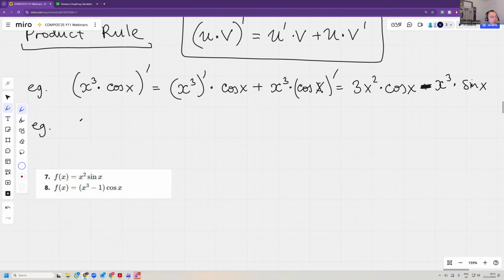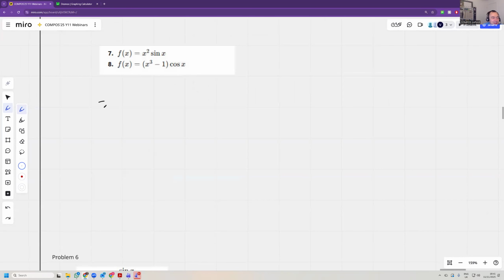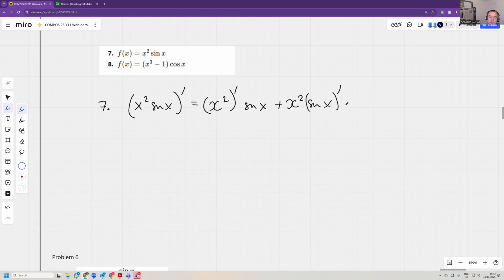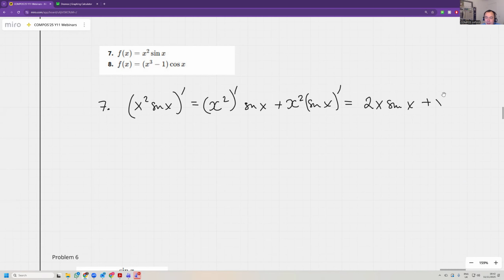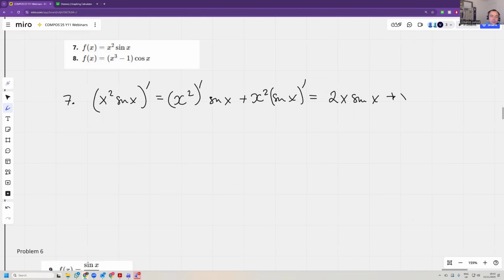Example. Well, we don't have too many. Let's do number 7. x squared sine x, dash, is x squared dash sine x plus x squared sine x dash, which is 2x sine x plus x squared cos x.